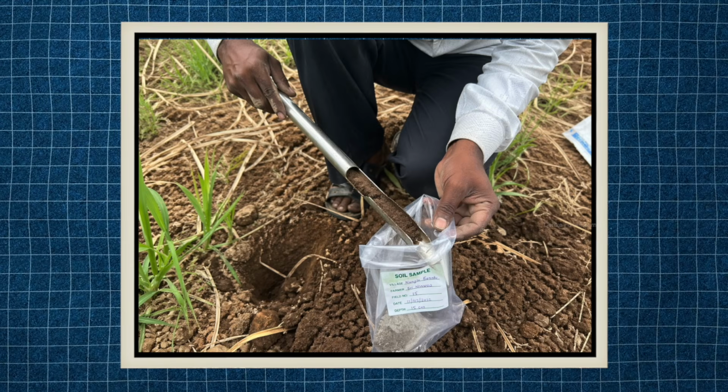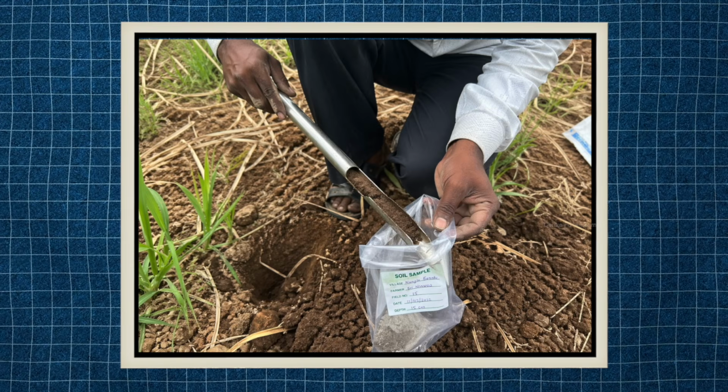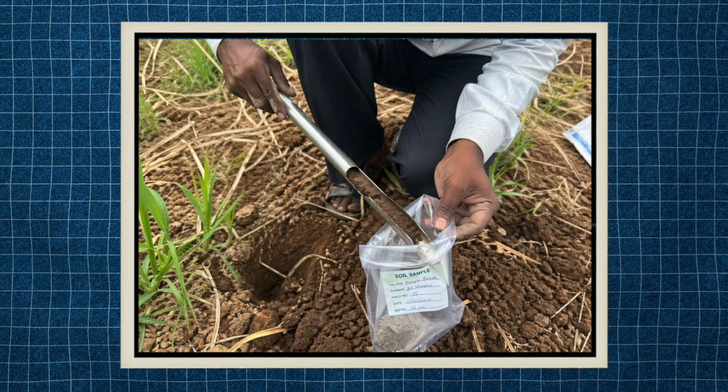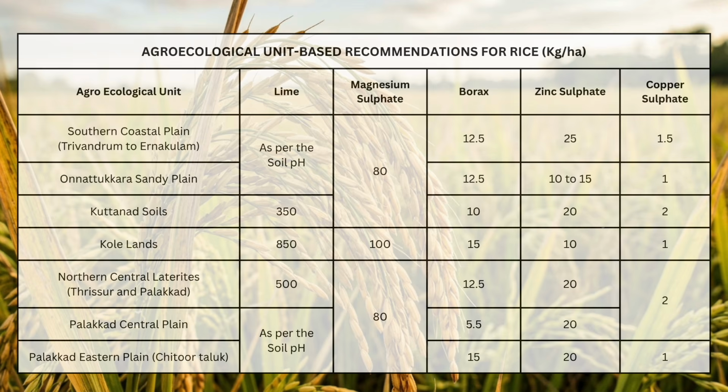So, if your sampling is not representative, the entire recommendation will become meaningless. So, sampling is very important, as well as analytical accuracy and reproducibility. These are some of the recommendations for secondary and micronutrients for different crops in different agroecological units.